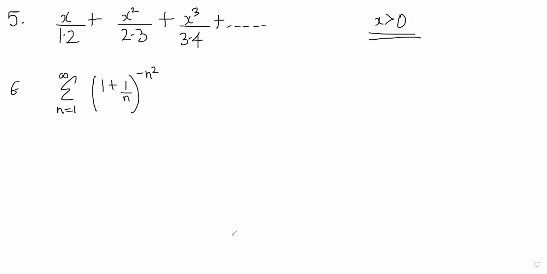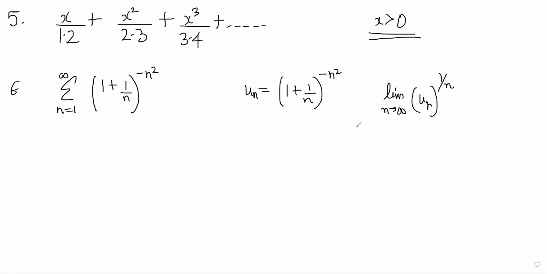In Cauchy's root test, you have to say that my un is this, and I have to find the limit as n tends to infinity of un to the power 1 by n. Here it becomes limit of 1 plus 1 by n to the power minus n, a form of 1 to the power infinity.